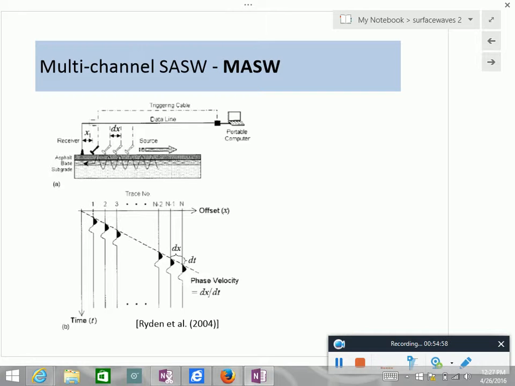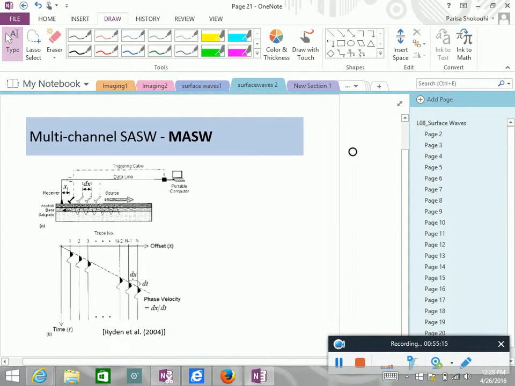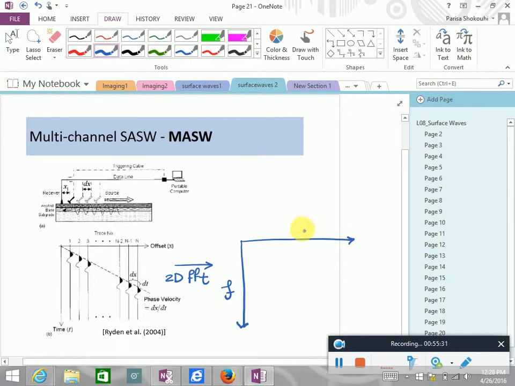Immediately you get, as time becomes frequency and distance becomes wave number, the dispersion picture. So if we do a two-dimensional FFT, which in MATLAB is still one line, here we get frequency, and here we get wave number.